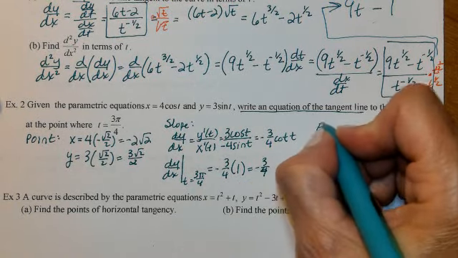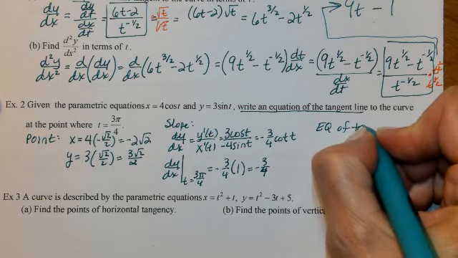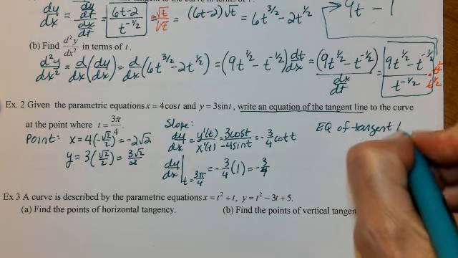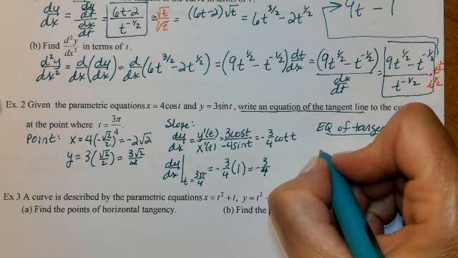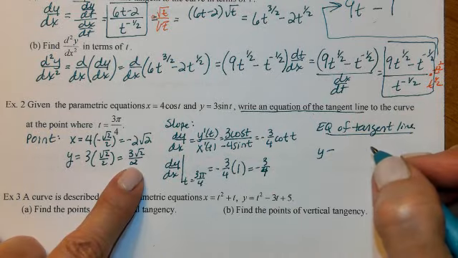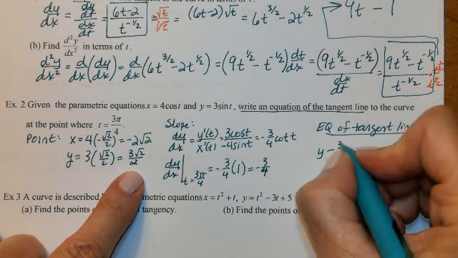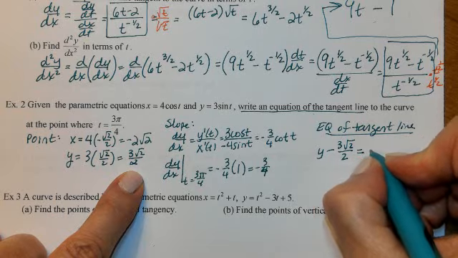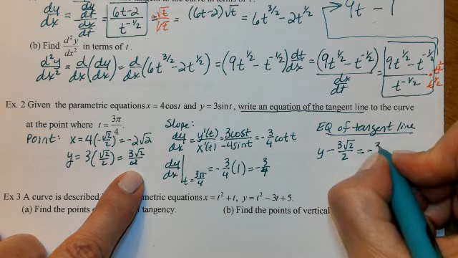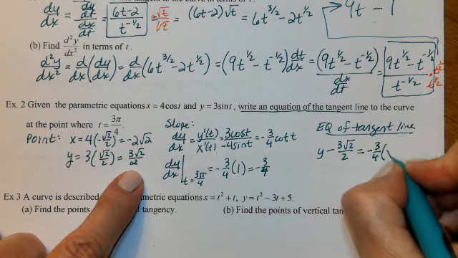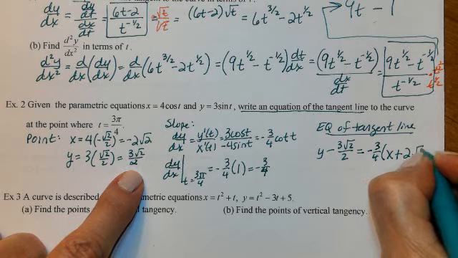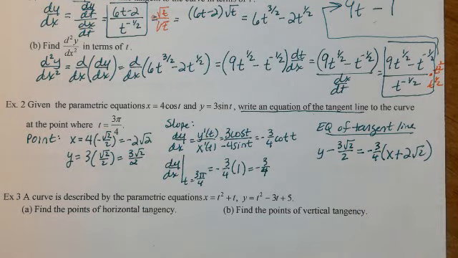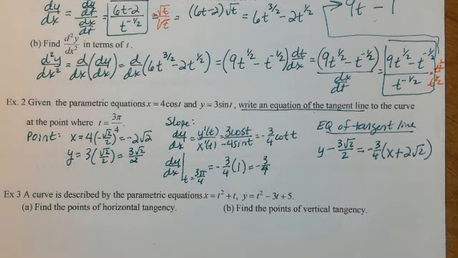So the equation of the tangent line is y minus the y coordinate is equal to the slope times x minus the x coordinate. That's it.